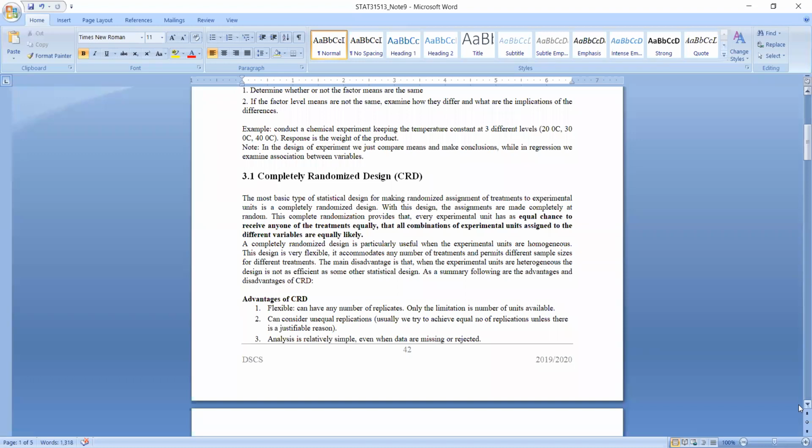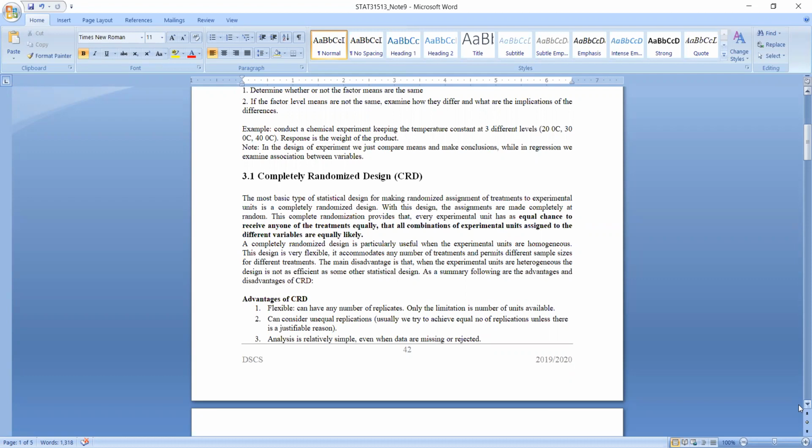And we can consider this with unequal replicates. Just as I said, when it comes to fertilizer 1, there is no limitation on the number of replicates, whether it's 1, 2, 3, any number. And having an equal number of replicates is also not a must.